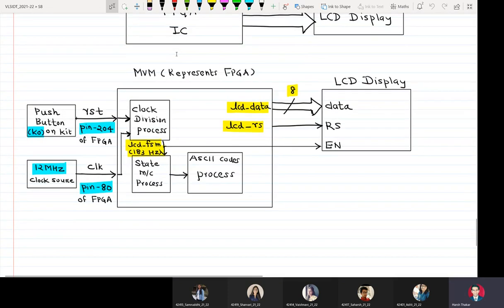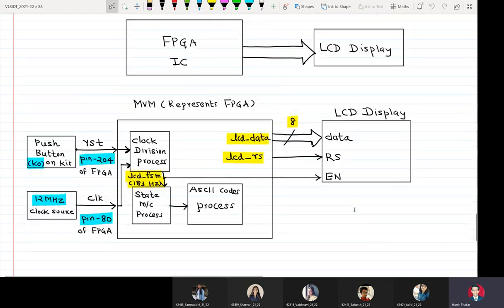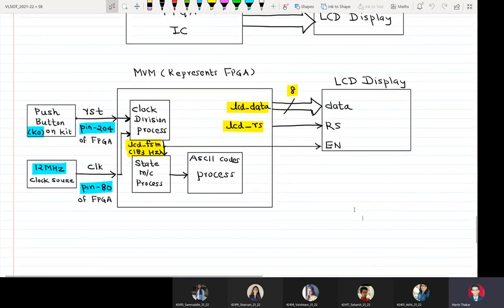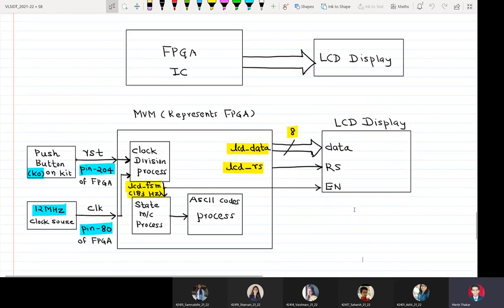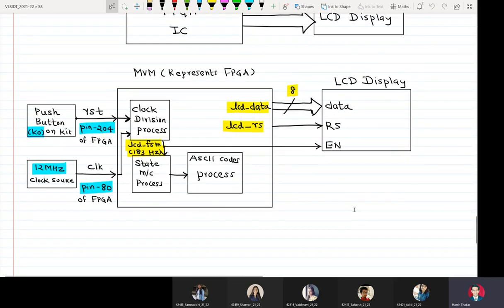Please understand that this rectangle represents my FPGA IC or the hardware, and the MVM represents the FPGA IC. MVM means main VHDL model. So the LCD display remains the same, but instead of the plain block FPGA IC, I am representing it with MVM. So MVM represents the FPGA hardware.